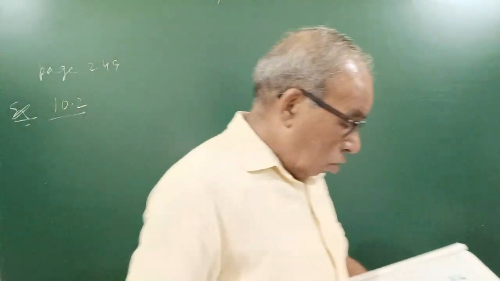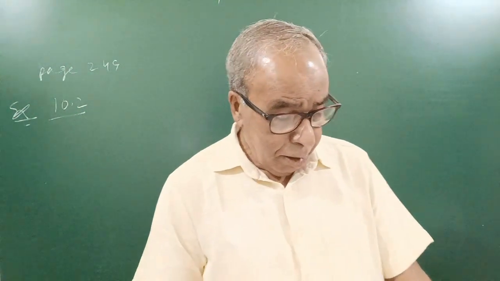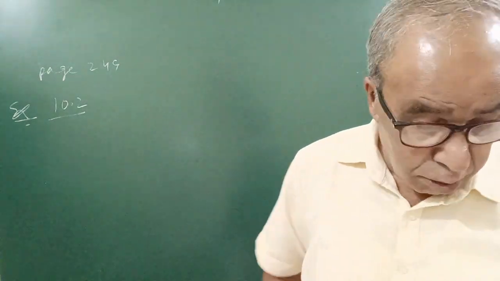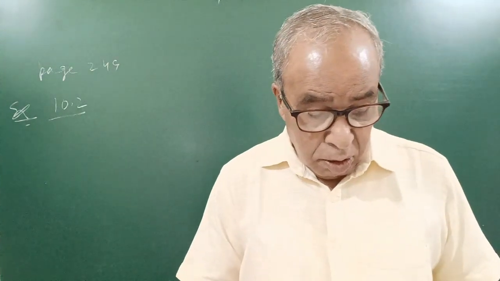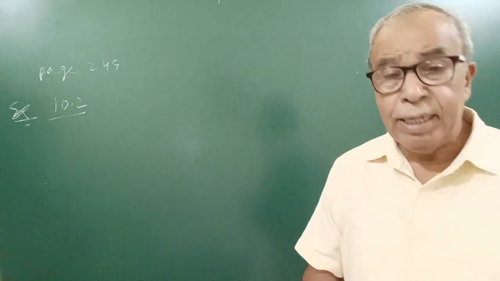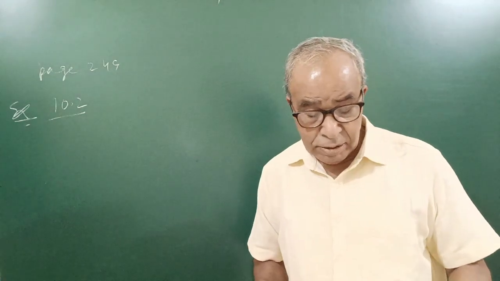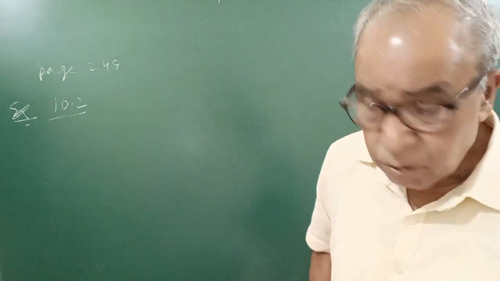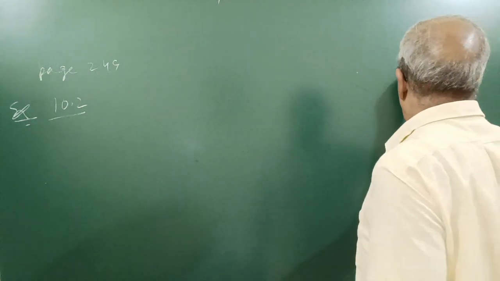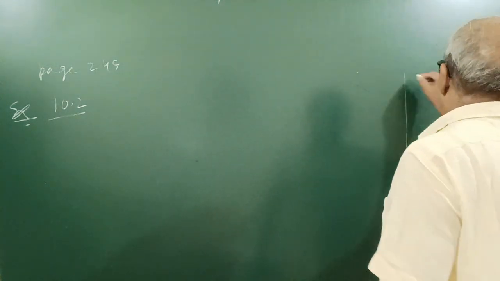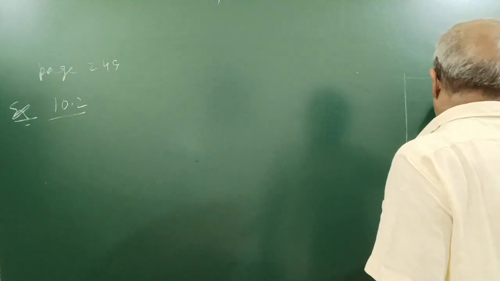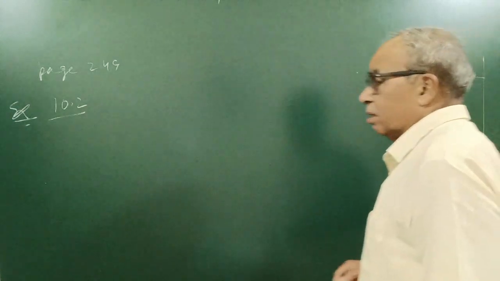What is the pressure on a swimmer 10 meter below the surface of a lake? Density of water is 1000, g is 10. The swimmer is 10 meter deep. So what is the pressure?